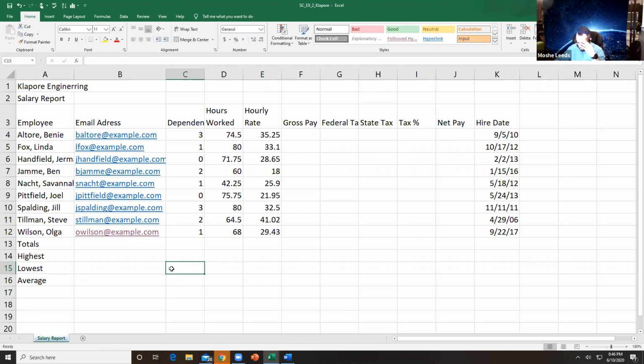I'm sorry, I'm gathering my thoughts because we're now going to start getting into entering formulas. This is very fundamental to Excel.